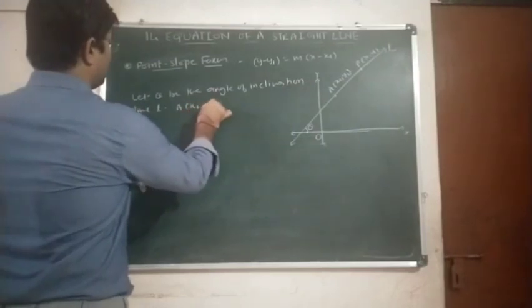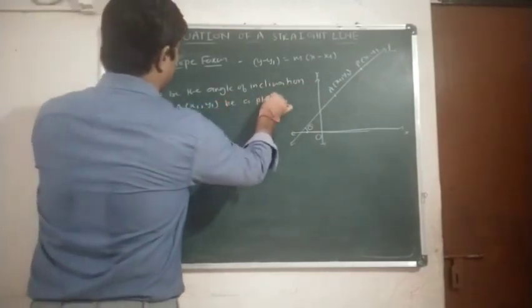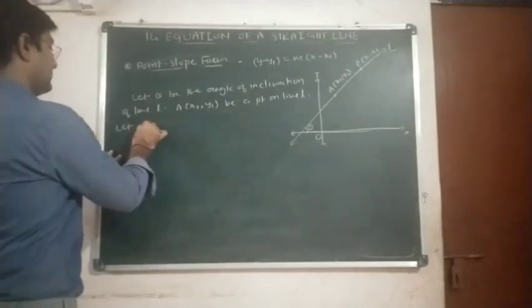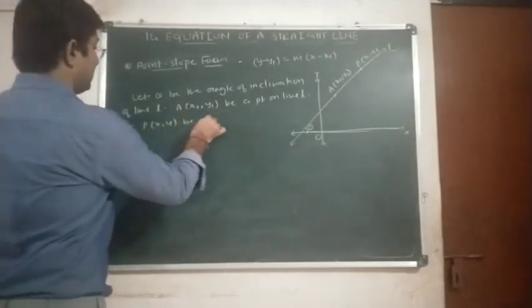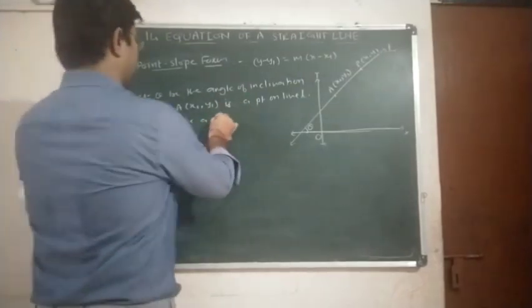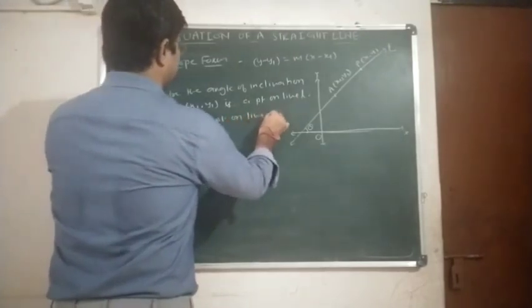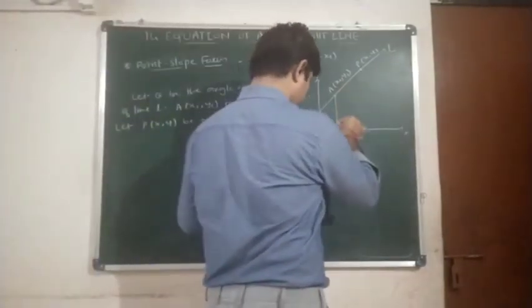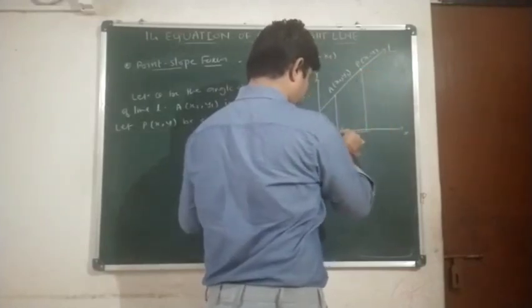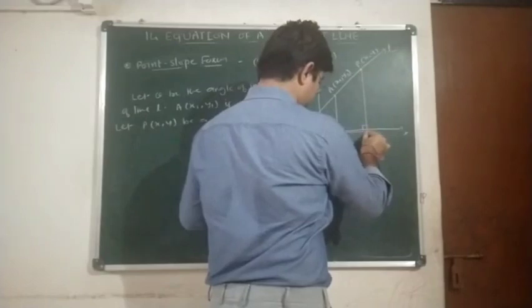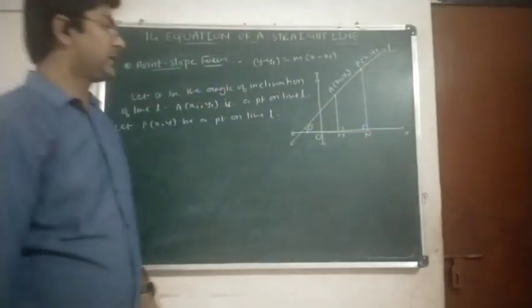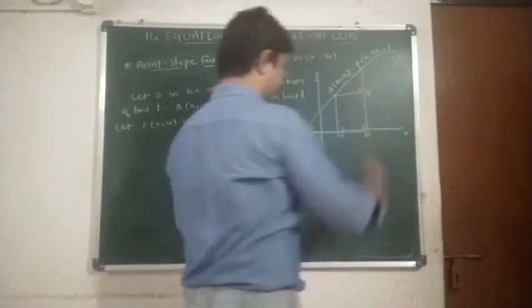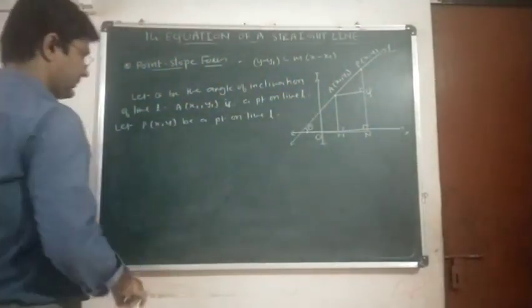Let A(x1, y1) be a point on line L. Let P(x, y) be another point taken on line L. Now we will draw two perpendiculars from point A as well as from point P, say AM and PN perpendiculars, and then one more perpendicular from A on PM, that is AQ. Clear?